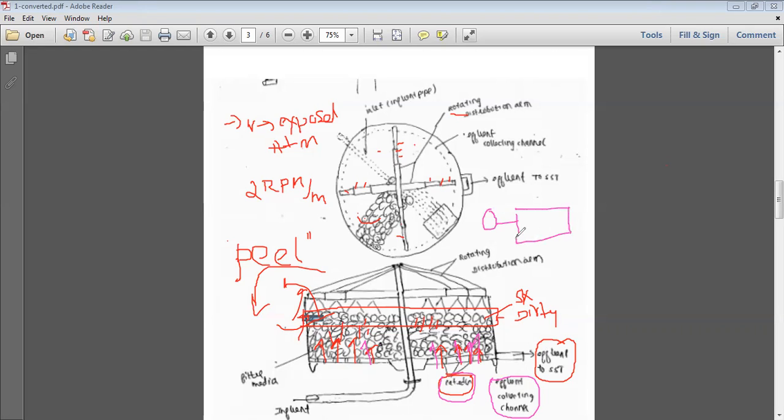This is your biological process, and also this is the secondary sedimentation tank. We pass all the effluent to this, so if further treatment is needed, we can provide it. So this is the basic principle of the trickling filter.